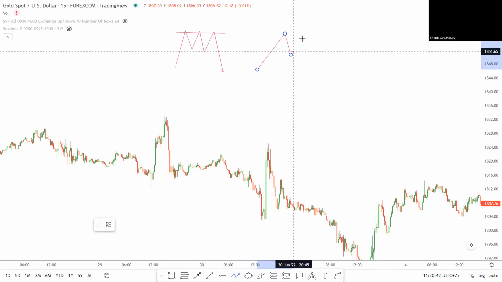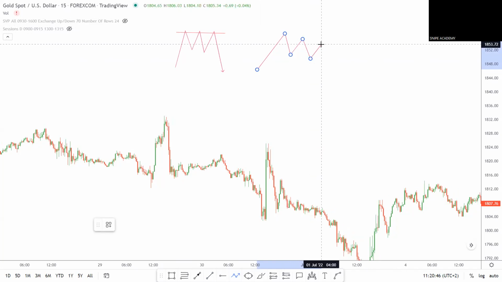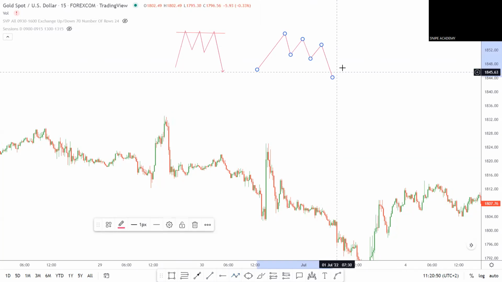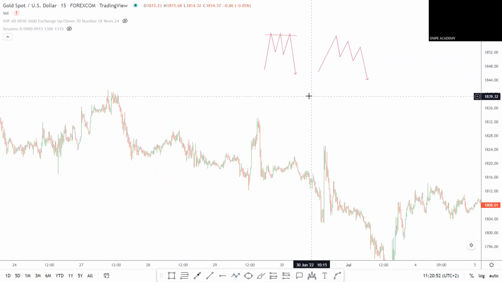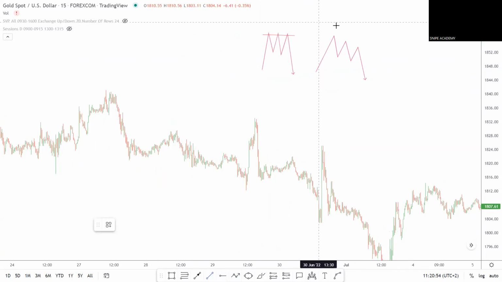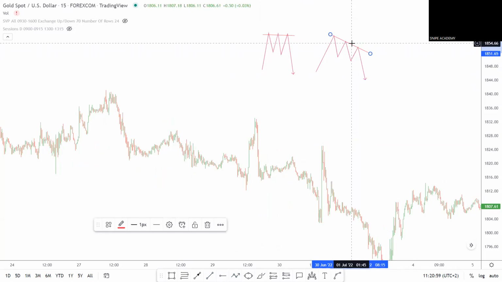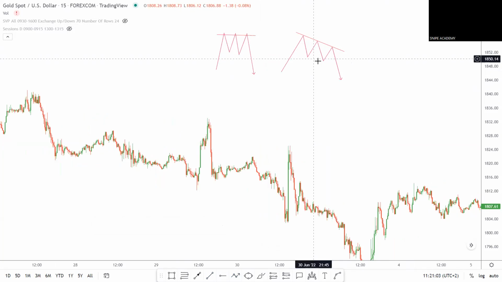So price fails to break not a certain price, but a trend line. In this case, you see, essentially this is a resistance, but it has some degree of inclination, which means we could call it resistance, but a trend line resistance.